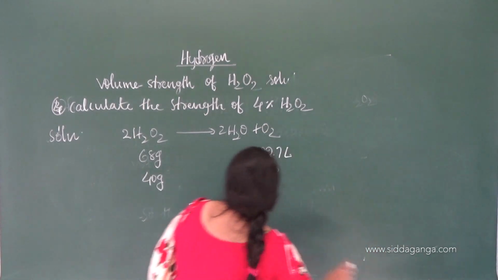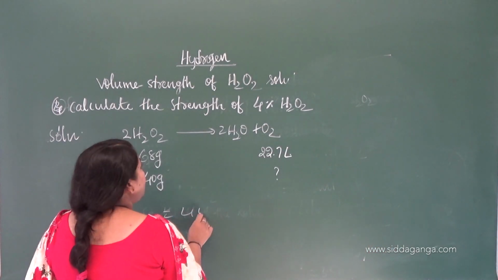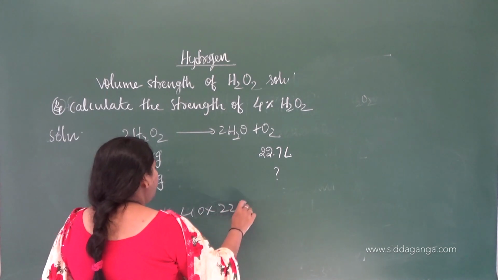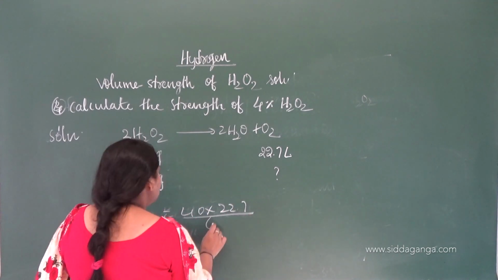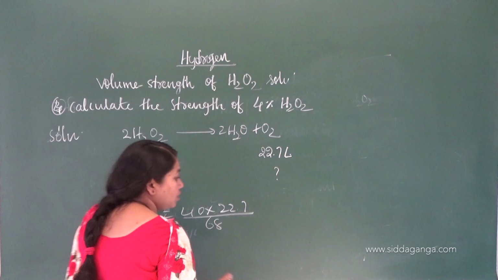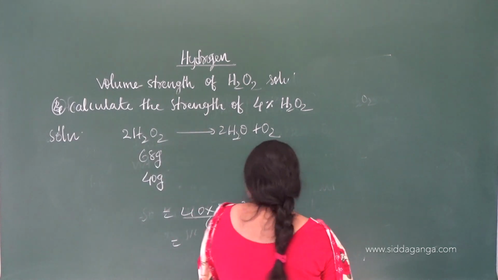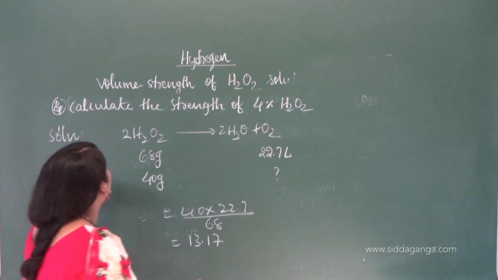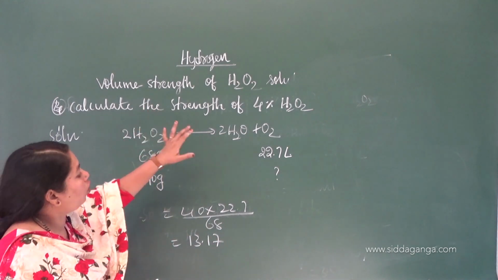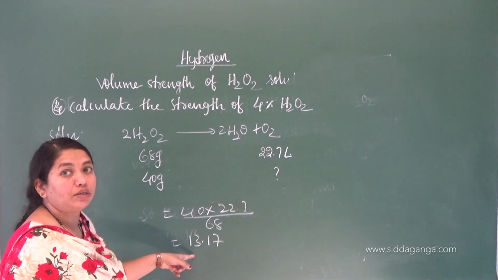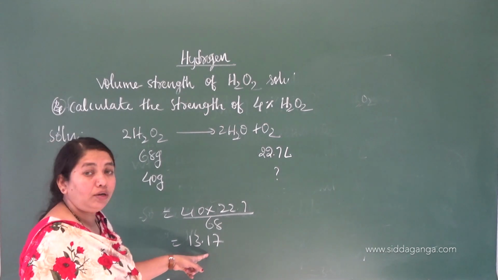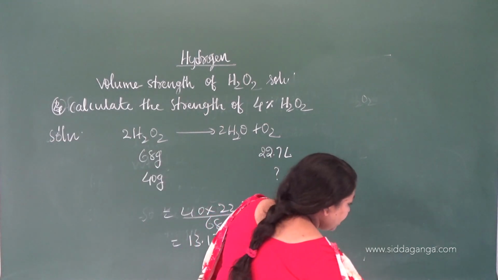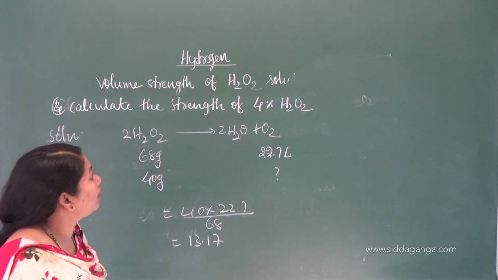That is equal to 40 into 22.7 divided by 68 grams. So that will come around 13.17. So this is the strength of 4% hydrogen peroxide: 13.17. Okay. So that's how you can calculate.